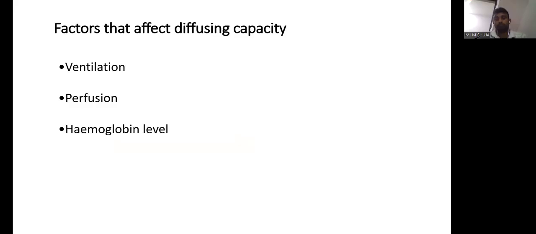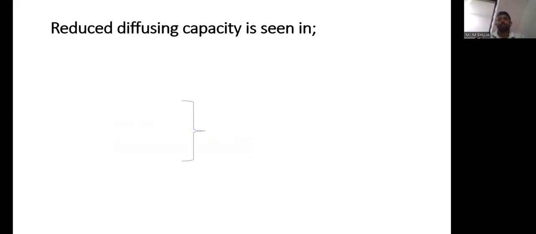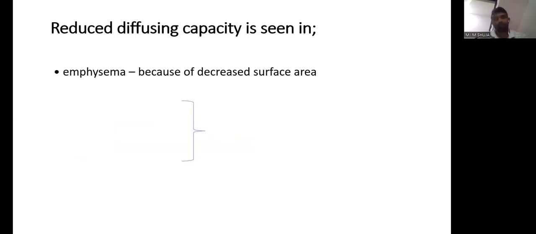The factors affecting the diffusing capacity are ventilation, perfusion, hemoglobin level, surface area, and thickness of the membrane. Reduced diffusing capacity is seen in emphysema because there's a disruption of the alveoli, so decreased surface area.